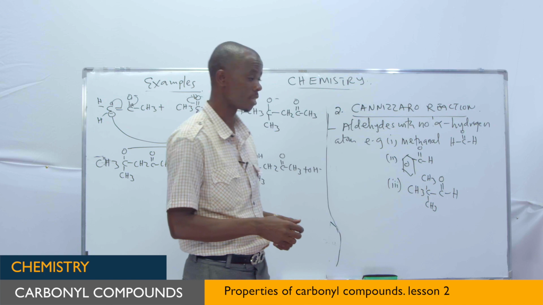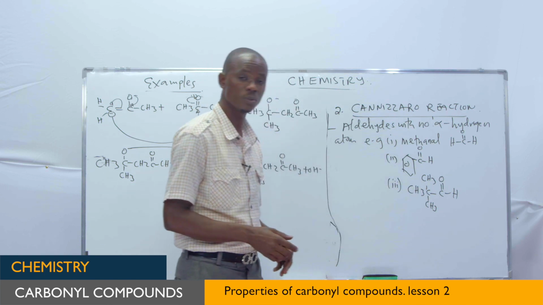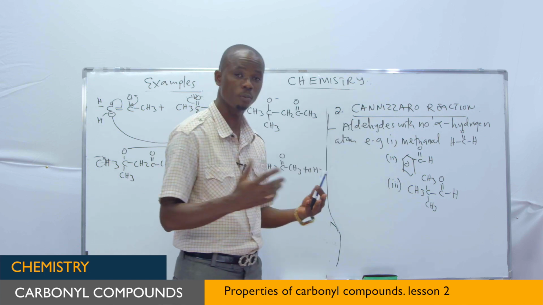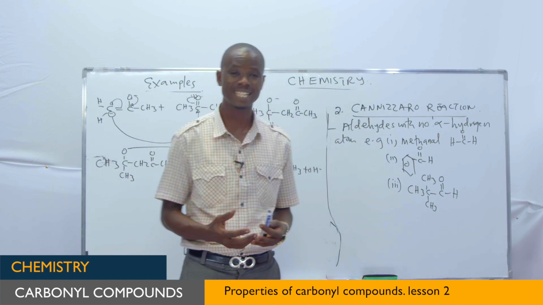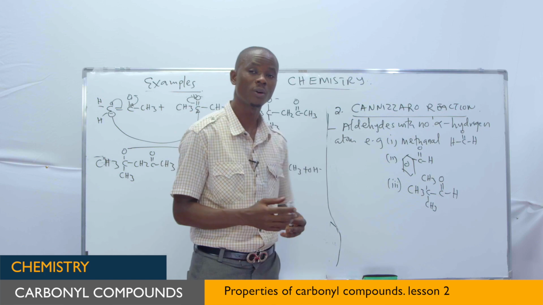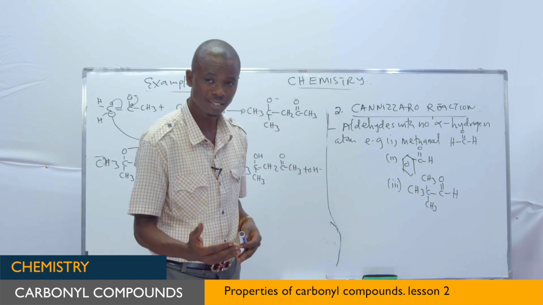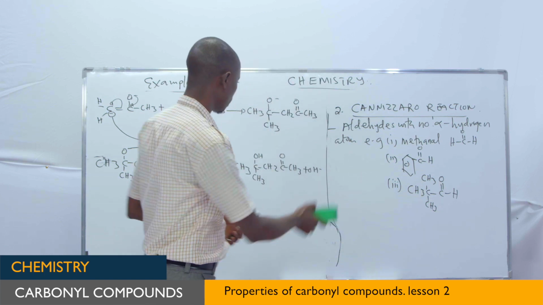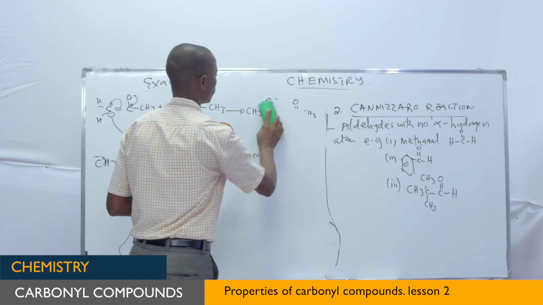There are no hydrogen atoms there. So these examples undergo the Cannizzaro reaction. The Cannizzaro reaction is a form of disproportionation reaction, whereby the compound is oxidized and reduced at the same time. So, my dear student, we can have the example there.